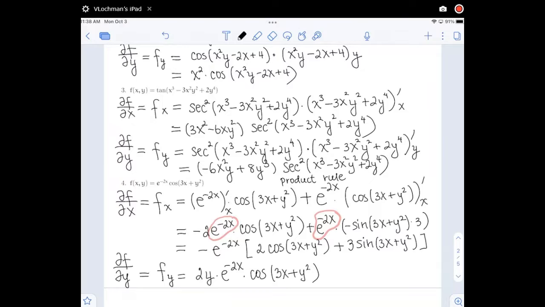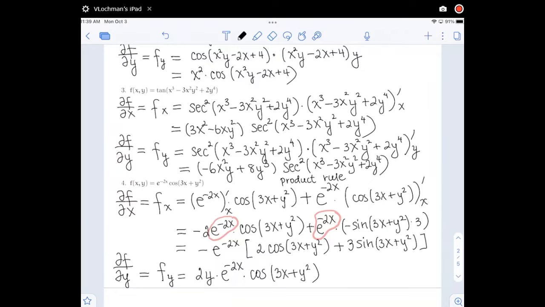Yep, that looks good. Okay, did you guys get this? The rest of you, if you try to do this, you can still apply the product rule here and realize that e to the negative 2x prime with respect to y is 0, right? Because it's just a constant. Or you can just keep it as a constant. And in this case, we only differentiate.